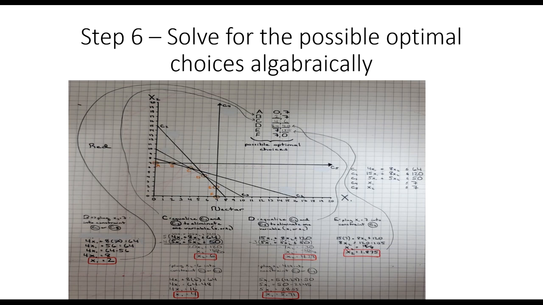So now 40 minus 20, so 20x2. 320 minus 200 is 120. 20x2 is less than or equal to 120. x2 is 120 divided by 20. x2 equals 6.